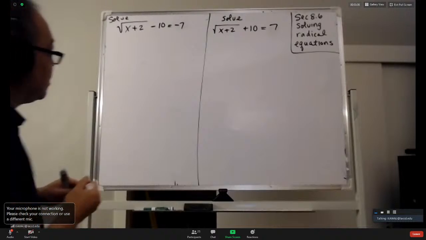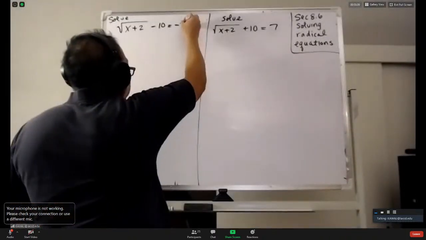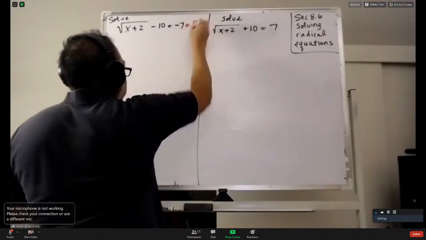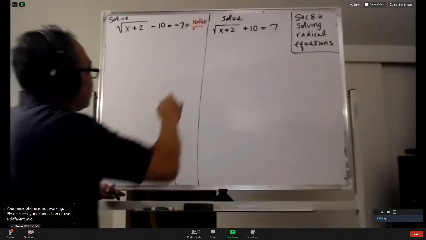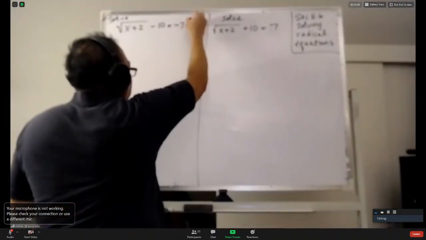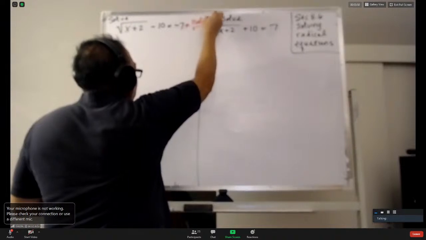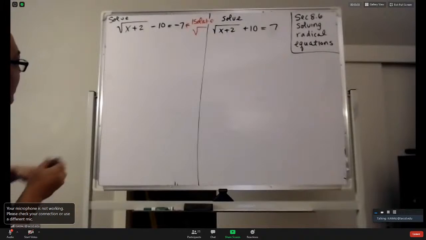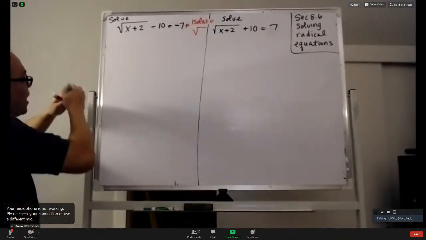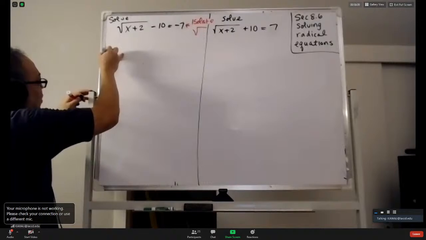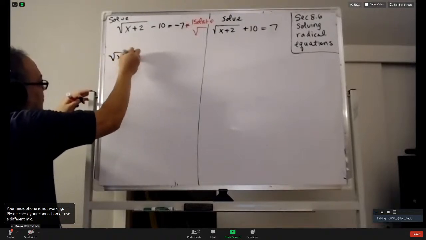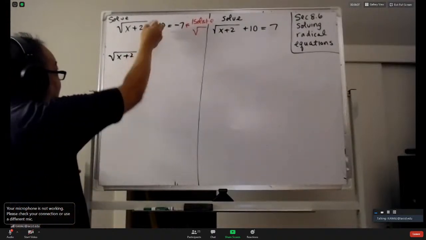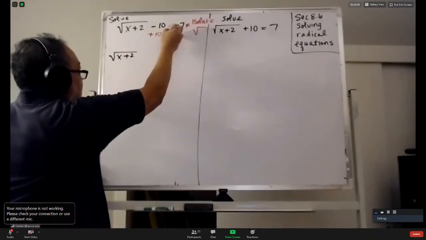The first thing you do is you isolate the square root. Like that better. Meaning that I have the square root, and what I want to happen is I want to have this all by itself. Now, the way I do that is I get rid of this 10.